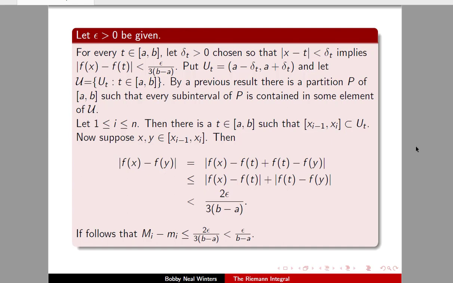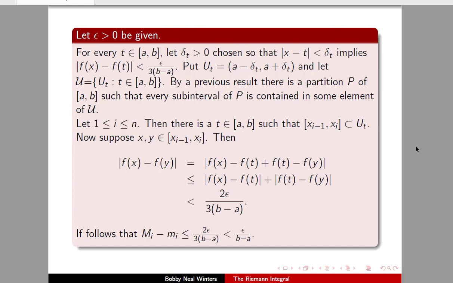For every t an element of the closed interval [a, b], let delta sub t be greater than 0 be chosen so that when x and t are within delta_t of each other, then f of x and f of t are within epsilon over 3 times (b minus a) of each other.